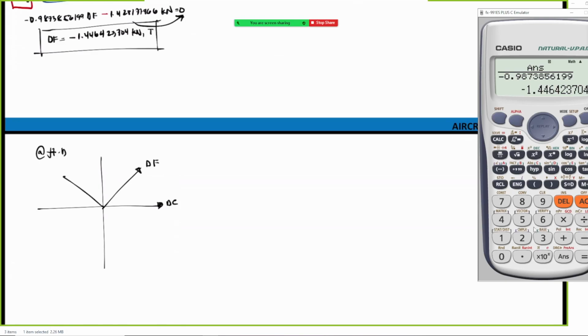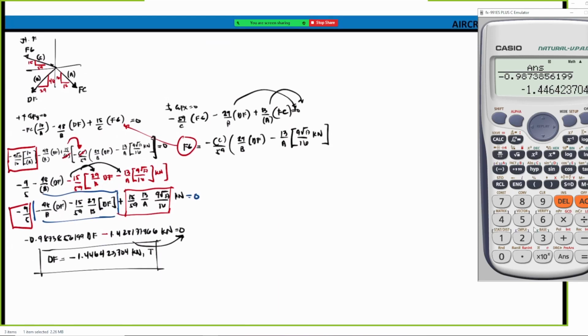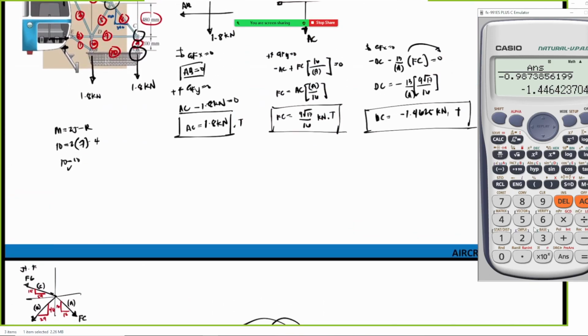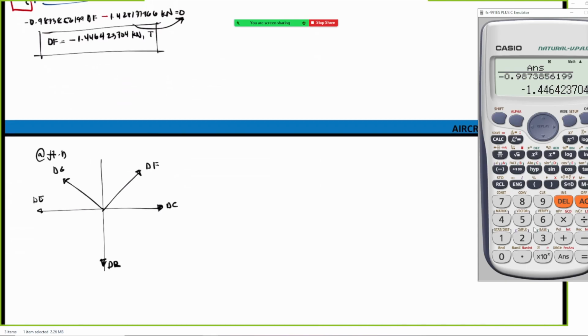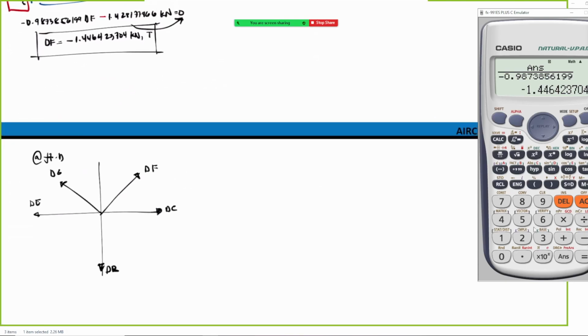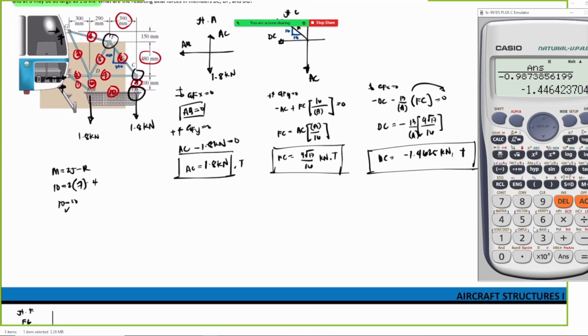And then we have DG, and then the DE, and also assume tension na DB. Okay? So dito we have what? DG, DF, DC, DE, and DB. So meron na tayong DF. DC meron tayo. DB from what? Joint B. Okay?